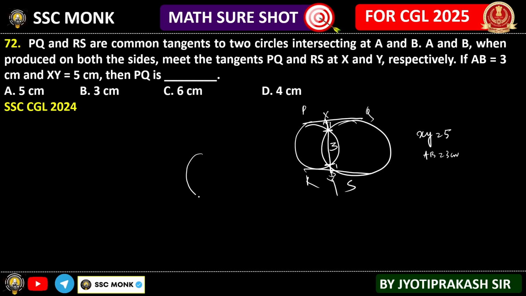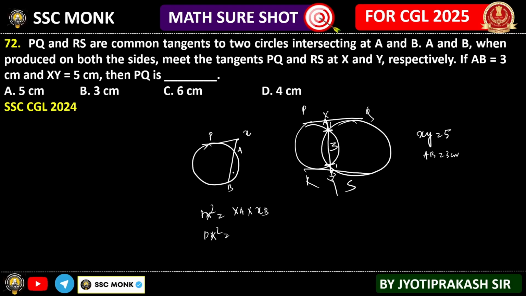Now let's think about this picture only. My design is very bad. So this is a circle. Let's say this is a point X. And let's say this is how it is crossing the circle. So this is P, this is X, this is A, this is B. Let's say, okay. Now we know PX square is equal to XA into XB. Yes or no? Yes. PX square means what? We don't know what is the value.